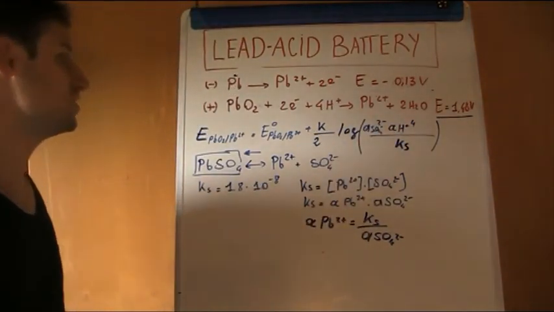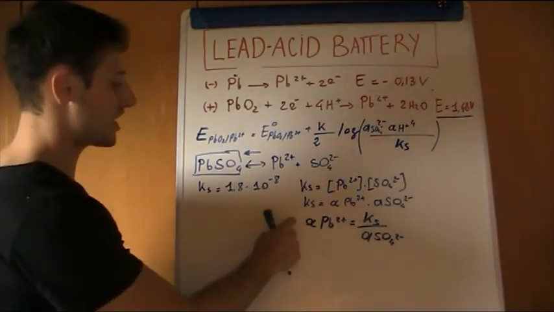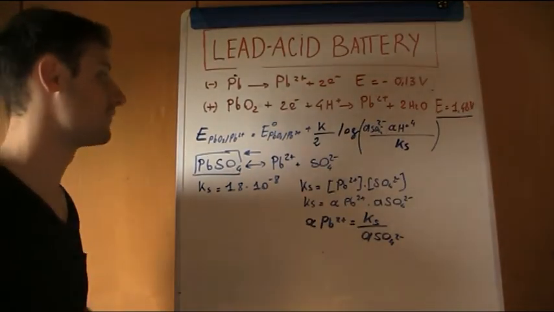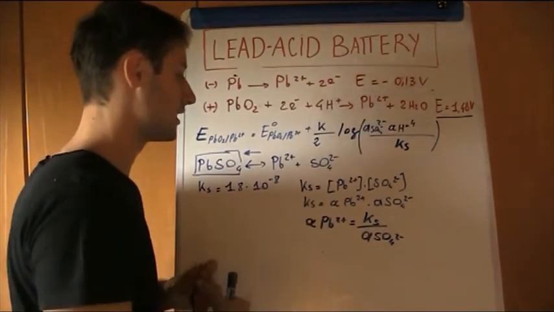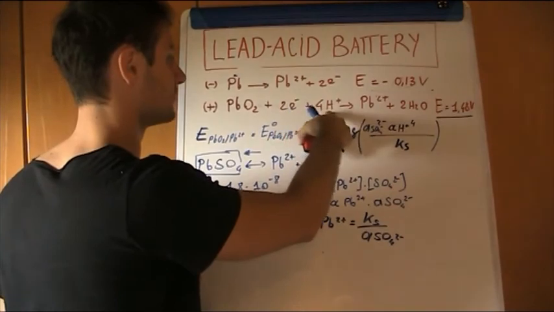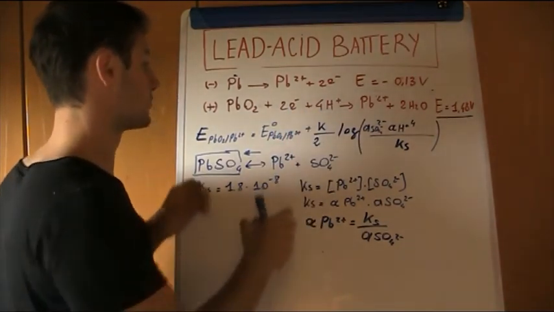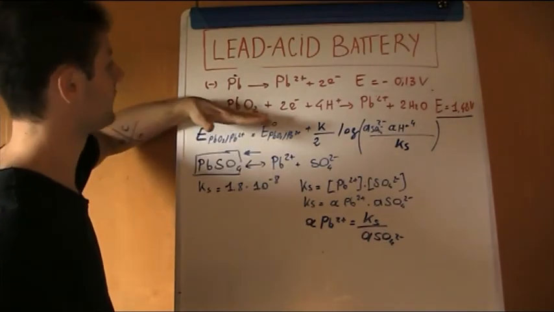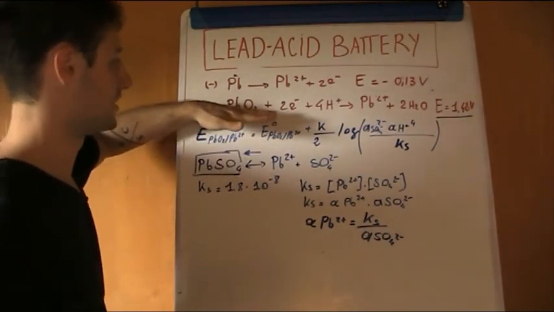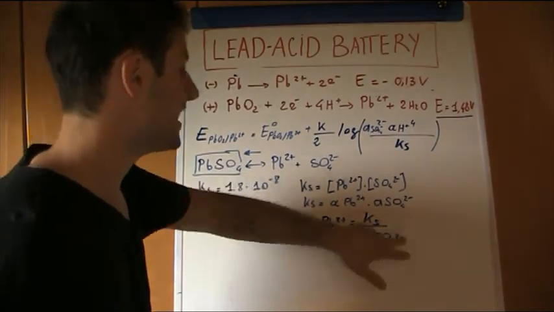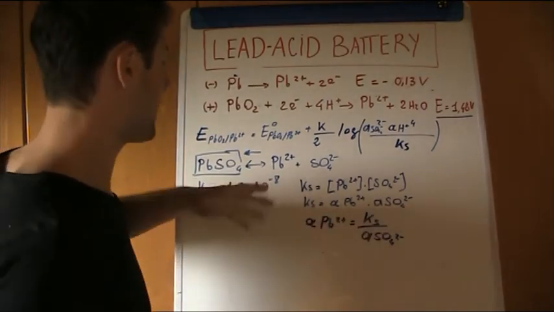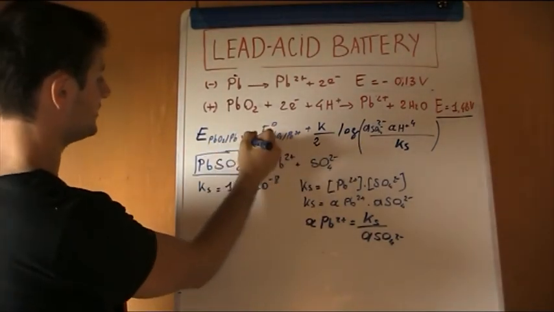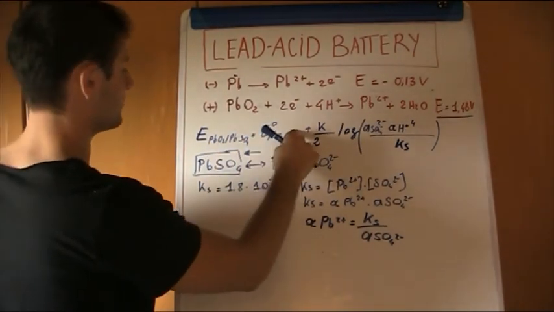So we are changing the Nernst equation with the introduction of these terms inside the Nernst equation of this reaction, the reaction in which the sulfate is not already present. So the Nernst equation at the very beginning was the Nernst equation associated with this type of reaction. Since now we have made this trick, we are passing to a Nernst equation that is describing this semi-reaction.